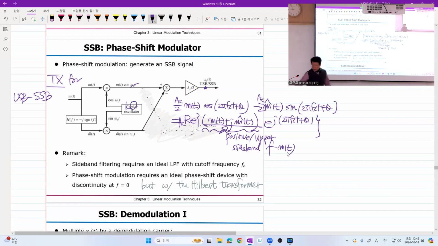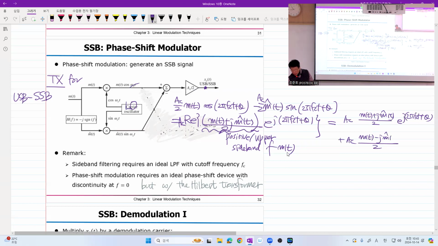And now let's try to rewrite this real part again. So you have AC times half m of t plus j m hat of t times e to the j 2 pi fct plus theta, plus AC times 1/2 m of t minus j m hat of t times e to the negative j 2 pi fct plus theta, divided by 2. What am I doing?